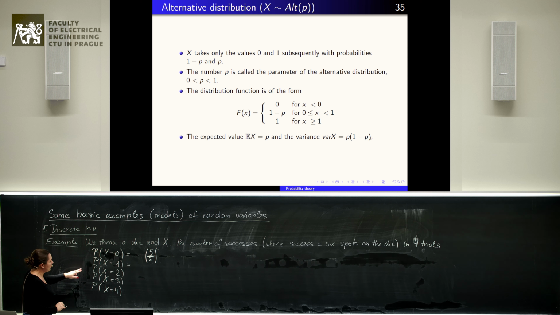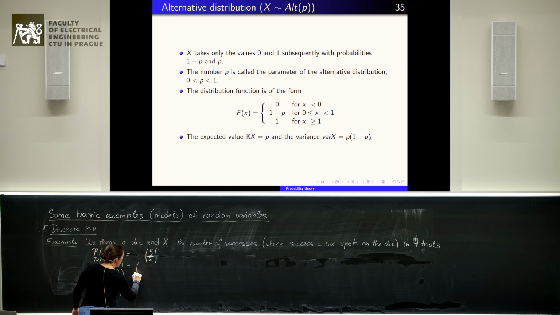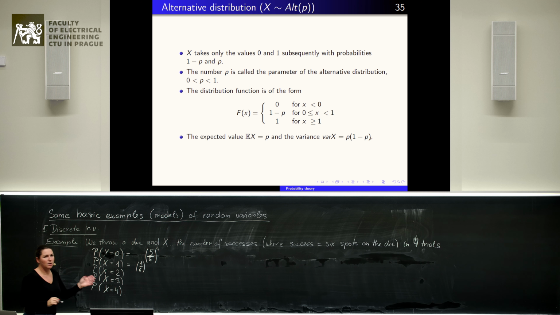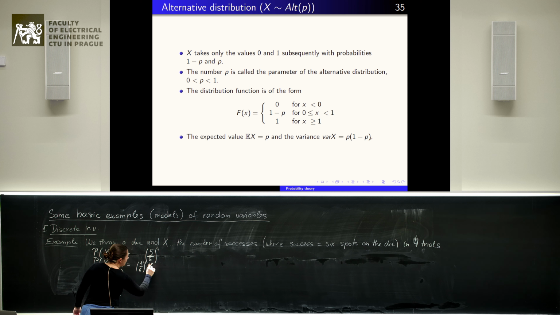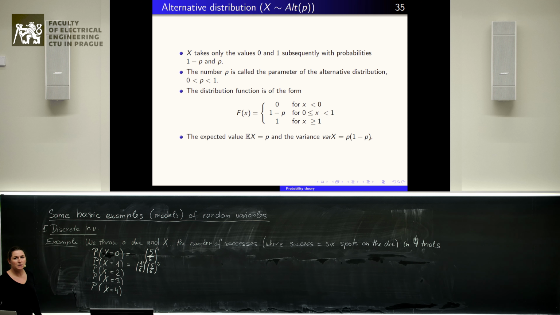When we care about the probability that the number of successes in 4 trials is equal to 1, it must happen that once we threw the die and there were 6 spots, times the probability of less than 6 spots powered by 3.